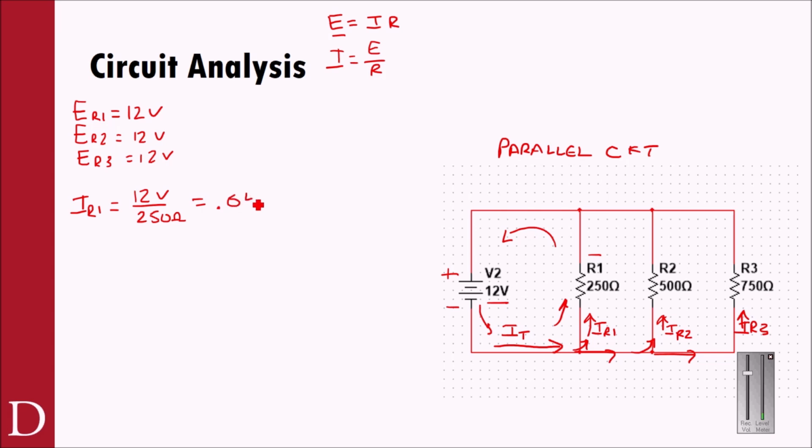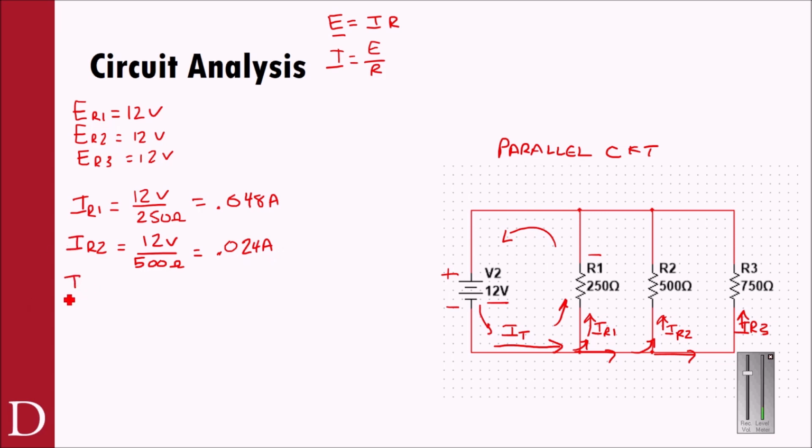The nice thing is that's as far as it goes, so 0.048 amps. If I want to calculate IR2, IR2 is 12 volts again, divided by 500 ohms this time. So 12 divided by 500, 0.024, that should make sense to all of us, 0.024 amps.